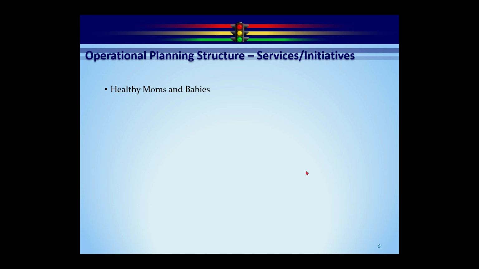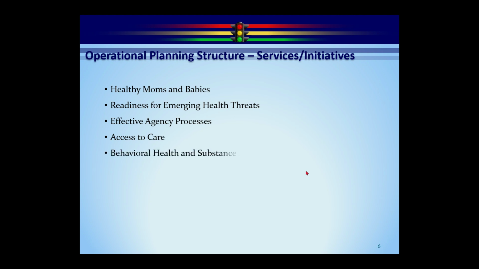So let's look at some real live examples here. Healthy moms and babies. Now, I kind of think of these as the buckets. These are buckets containing plans. So healthy moms and babies. Readiness for emerging health threats. Effective agency processes. Access to care. Behavioral health and substance abuse. Population health.